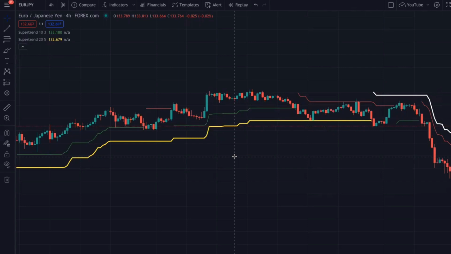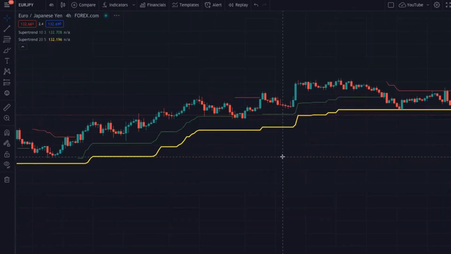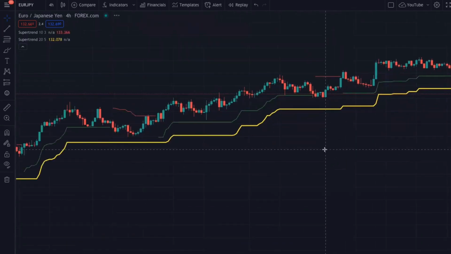So this way I don't lose the profits that I've made. And yes, sometimes I'll get out of the trade too early, but to me, adding up a lot of smaller wins is better than winning big sometimes and then losing a lot and having your stop loss hit a bunch of times. But this strategy is super effective, but of course, backtest it and see what you guys think.